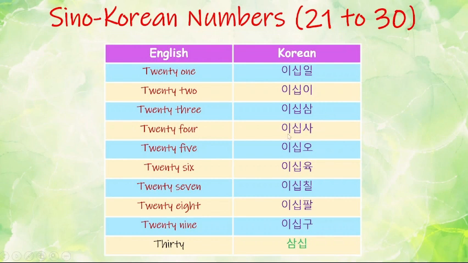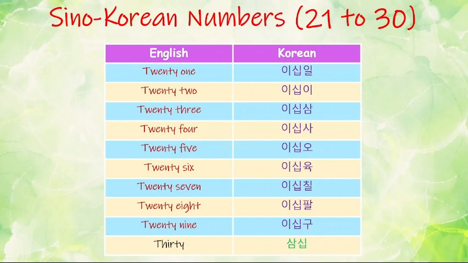Then comes E shib sa, E shib o, E shib nyuk, E shib chil, E shib pal, E shib ku. And 30, as we saw earlier, 20 is 2 times 10. So 30 is 3 times 10. 3 in Korean is sam and 10 is shib. So 30 is sam shib. So this is a very easy concept.